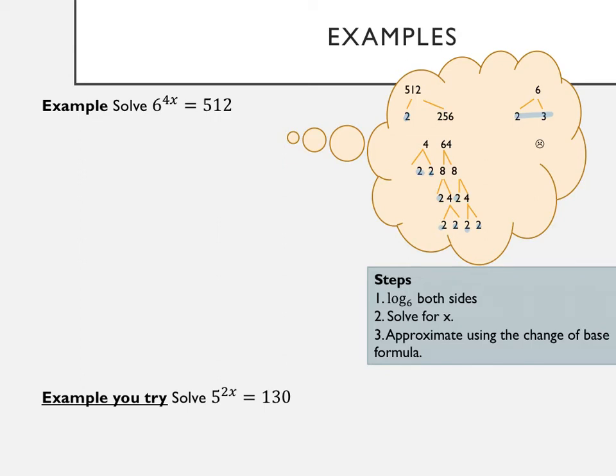Well, to get rid of the 6 to the 4x power, or to make the 4x become small, remember one of our log properties we talked about earlier, we can log base of the power. So if the base of the power is 6, I can do log base 6 on both sides of the equation.